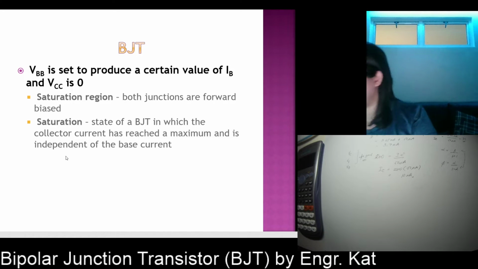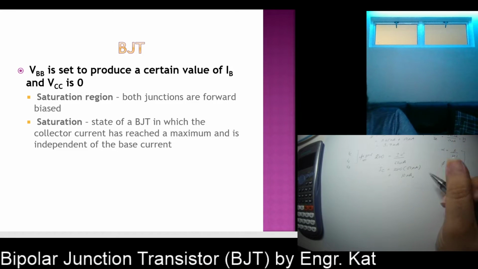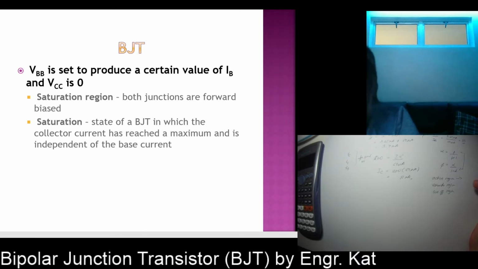As I've mentioned earlier, we have three regions of interest: the active region, the saturation region, and the cutoff region. When you are in the active region, your transistor is operating as an amplifier.